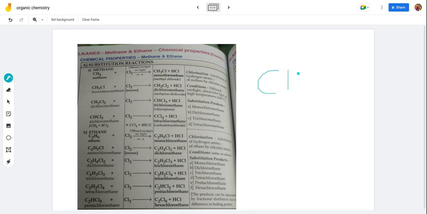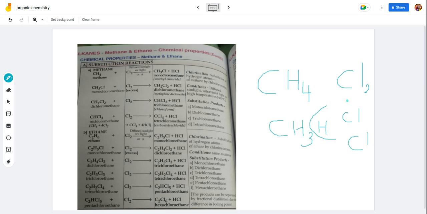First let me take methane. The methane is CH4, and then chlorine will combine. Chlorine combining means there is a substitution reaction. One of the hydrogen atoms is substituted with a chlorine atom. So let me write CH3, and then H, here Cl and Cl. So what will happen?